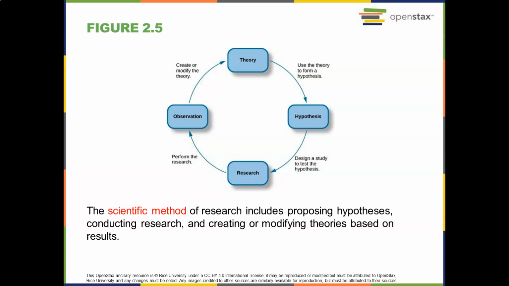Okay? All right. So what's important is to remember the formal definition of psychology is the scientific study of mental processes and behavior. Well, remember, scientific means that it uses the scientific method. And that includes proposing a hypothesis.